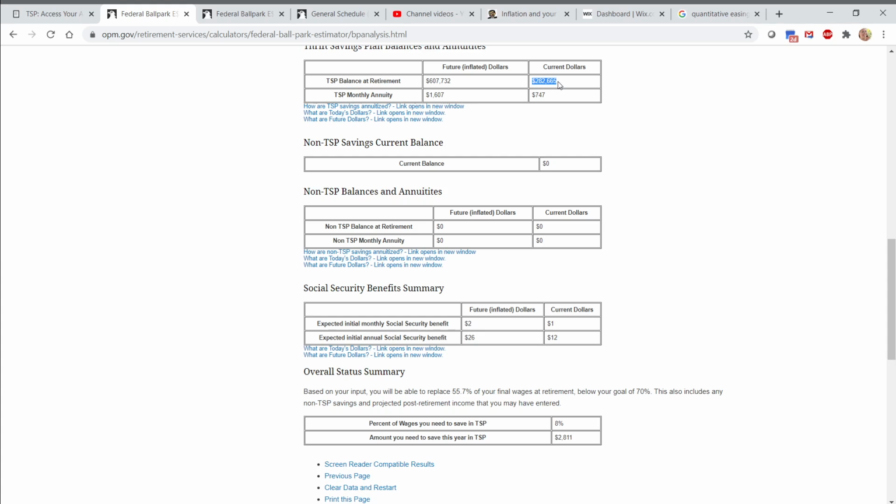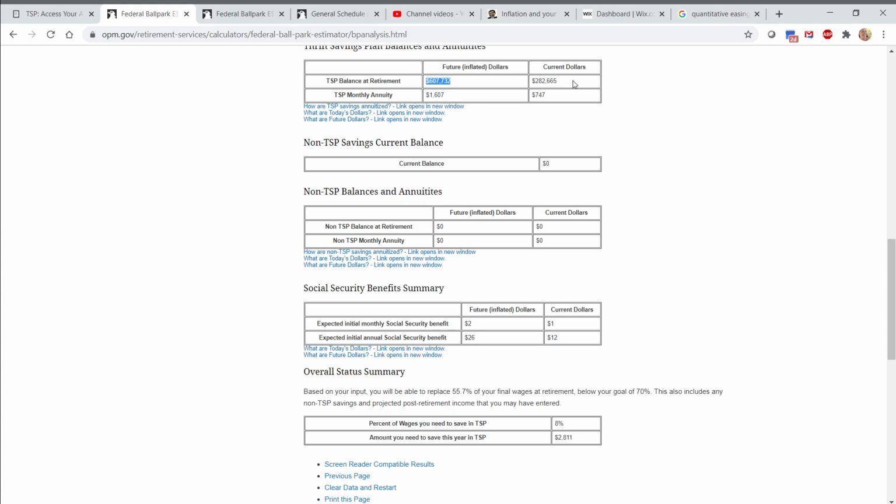That's today's dollars. 30 years from now, this same amount will actually be $607,732. So that's taking into account a 2.5% inflation rate compounded over 30 years. It's a big difference.